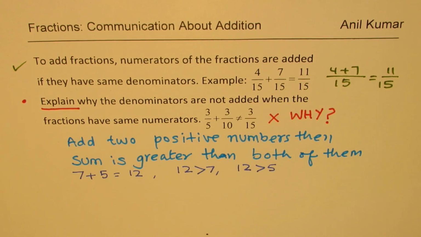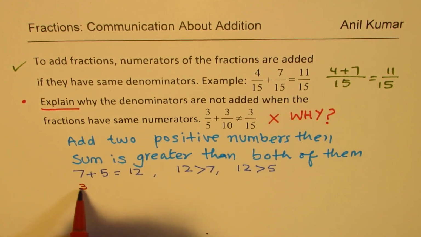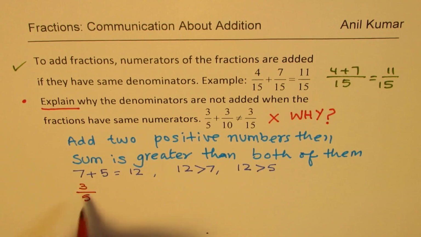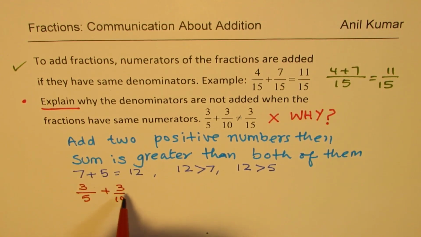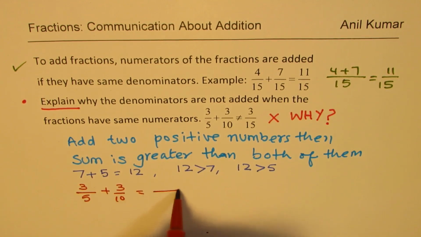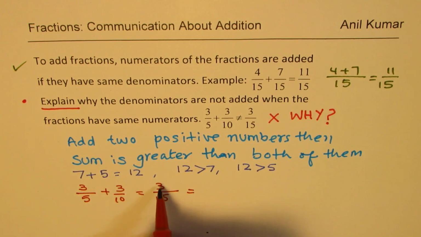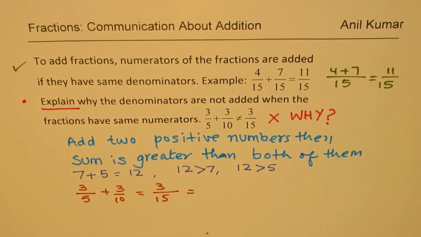Now see what happens. If I have 3 over 5 and 3 over 10, and if you add the denominators to make it 3 over 15, then what do you get? 3 over 15 is much, much smaller than both of them, right?